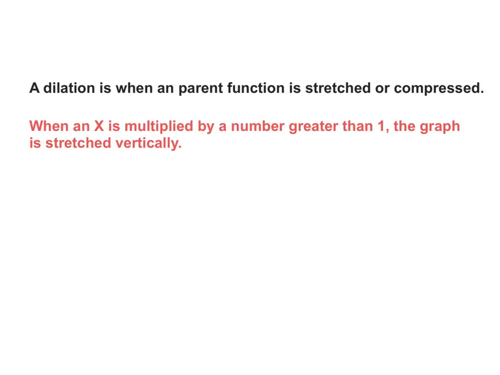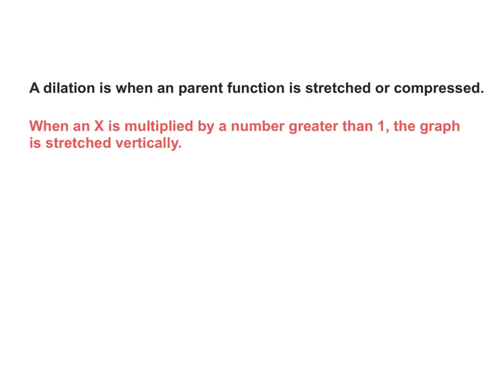Okay? When x is multiplied by a number greater than 1, then it's stretched. So it's like you pull it, sort of like, think of a water balloon, right? When you fill that water balloon with water at the faucet, it just starts stretching and pulling down. That's what happens when you have a bigger than 1 number multiplied by x.